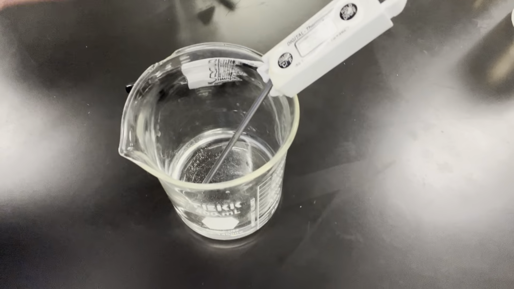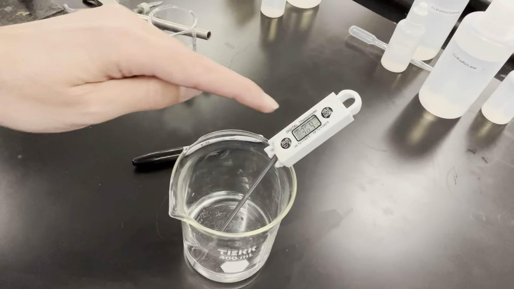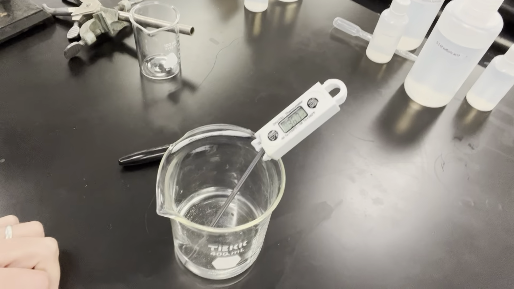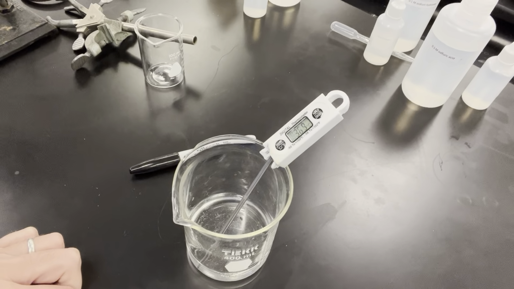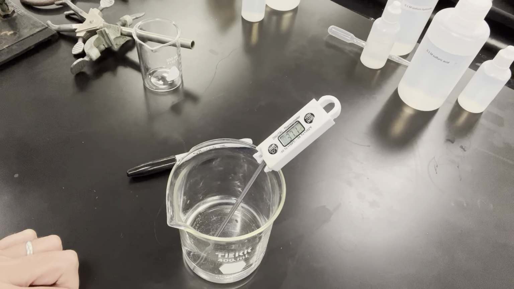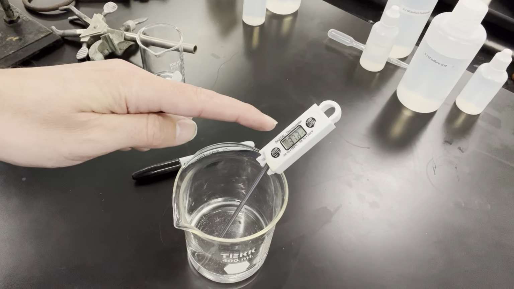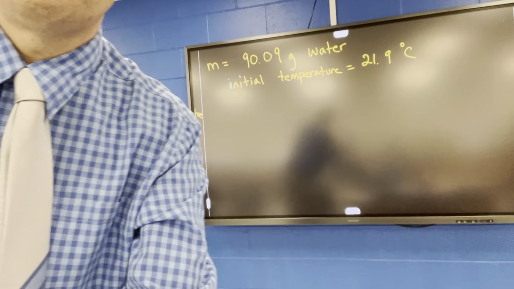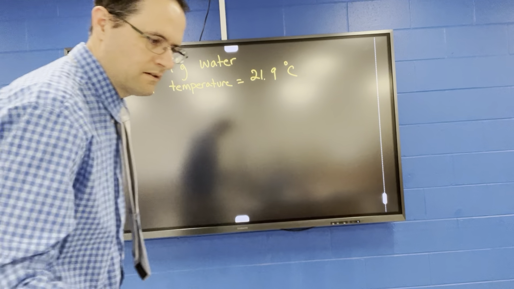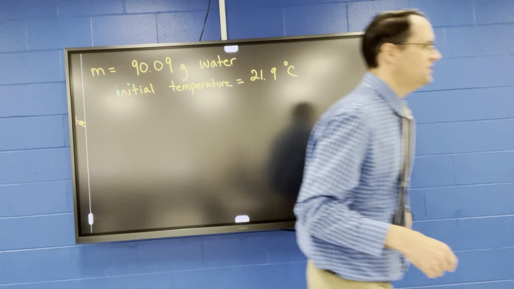And finally, when everything is the same temperature, this number will stay constant, okay? Usually it takes a minute or so, and I don't want to waste our time here on the video. So I'm going to write 37.3 degrees Celsius, okay?